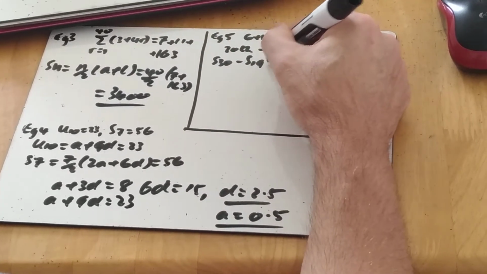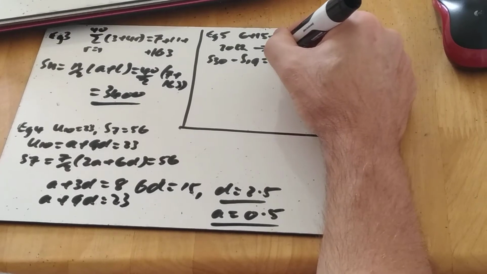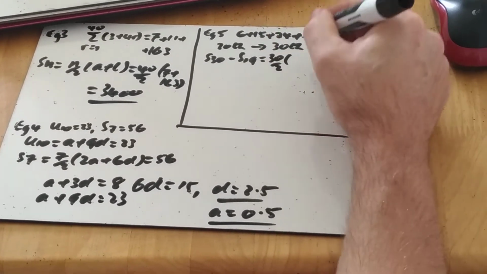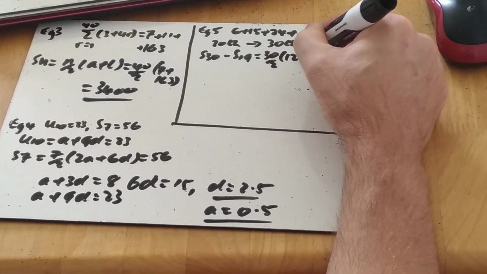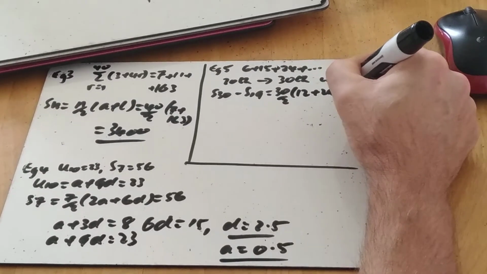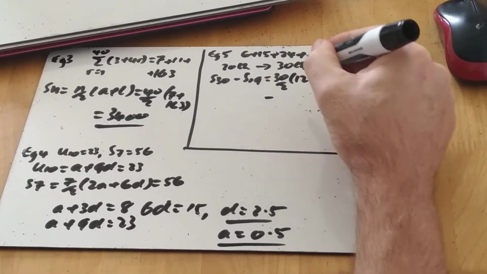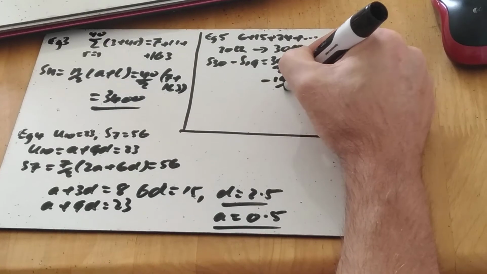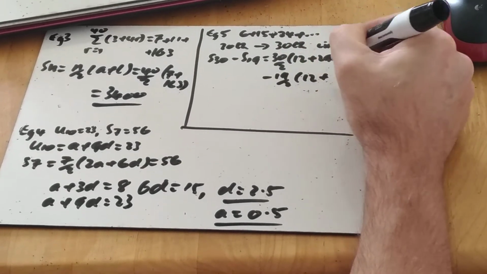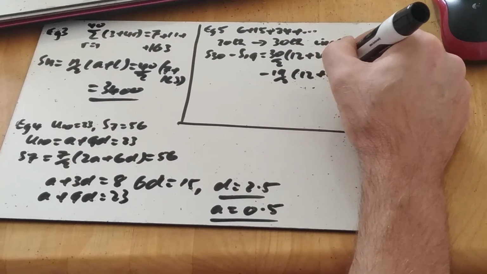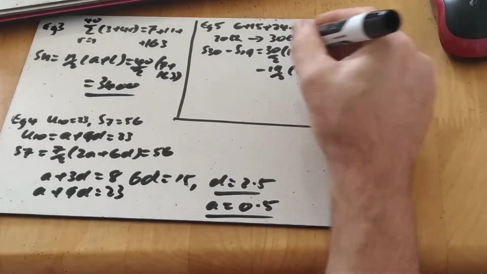So I'm going to be doing S30, so it's 30 over 2 times (2 times 6 plus 29 times 9), and then minus 19 over 2 times (12 plus 18 times 9).